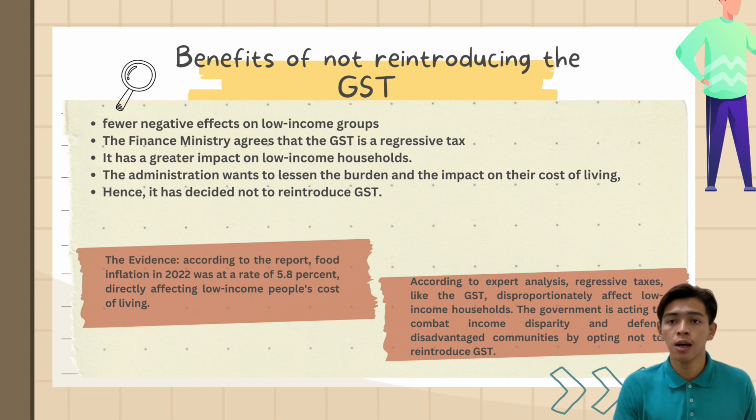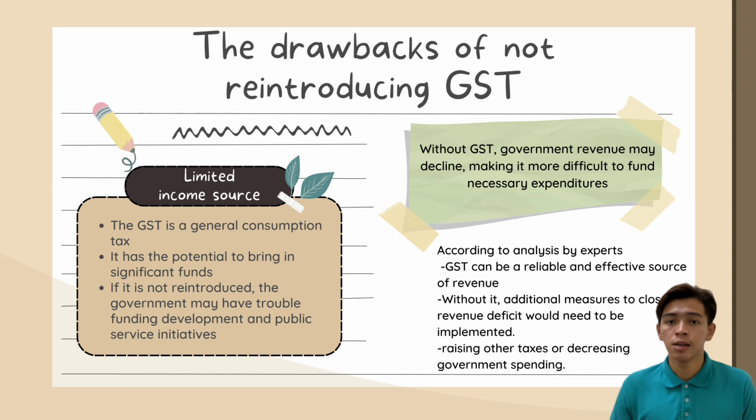Let's move to the drawback of not reintroducing the GST. Number one is limited revenue stream. The GST is a broad-based consumption tax. By not reintroducing it, the government might face challenges in funding public services.